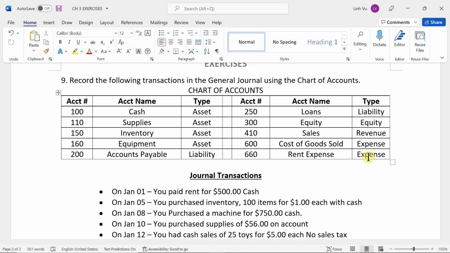Okay? What did I do? We spent the cash. And we have expenses, and expenses debit increase, because we purchased rent expense.